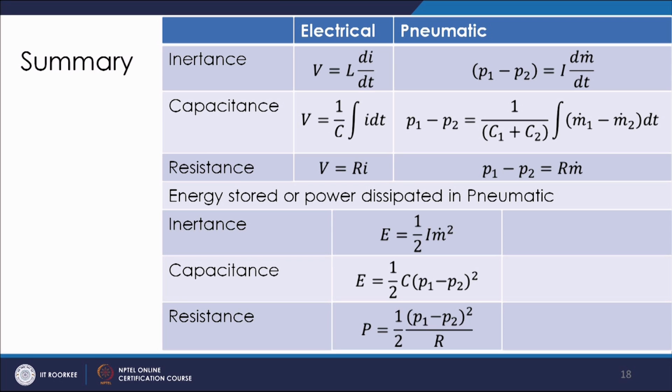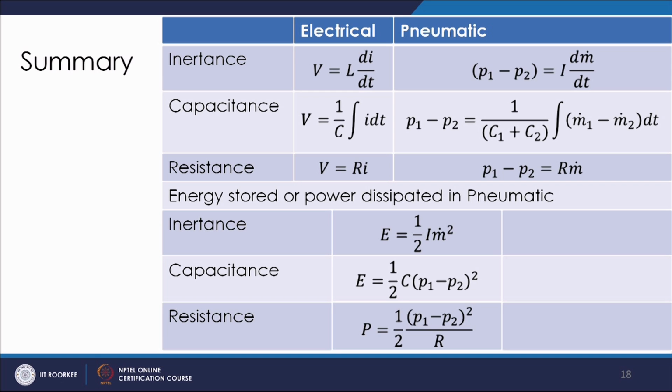So, for inertance we can just write half L i square as for the electrical system. Here, in place of L I have I, and in place of current I have m dot. So, this is half I m dot square. For capacitance this is half CV square.